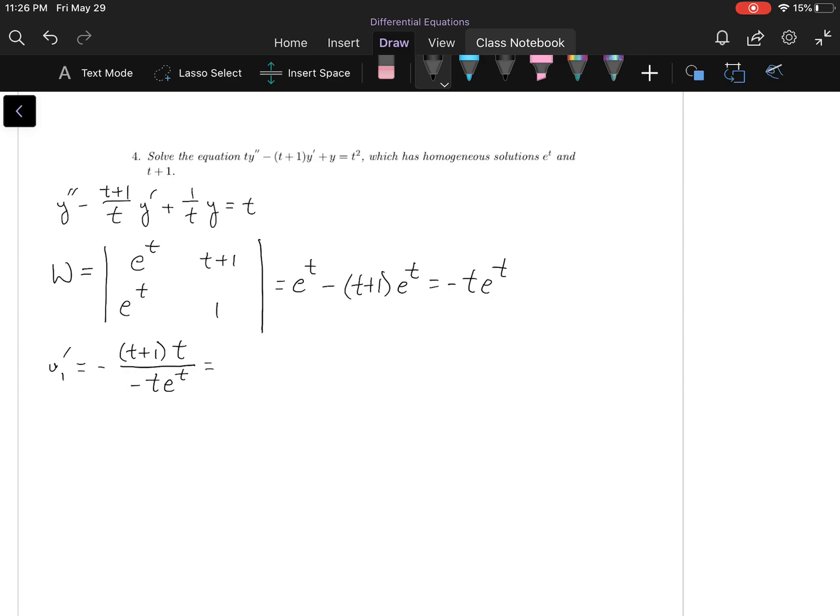So the negative signs cancel out, the standalone t's disappear, and we are left with t plus 1 over e to the t, which is the same as t plus 1 e to the negative t.